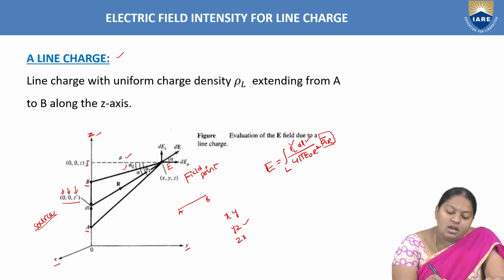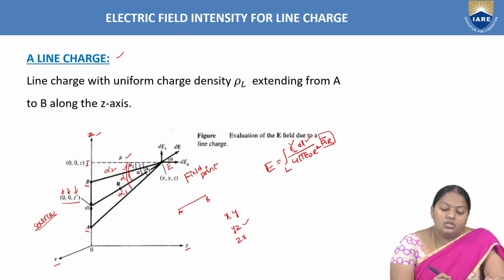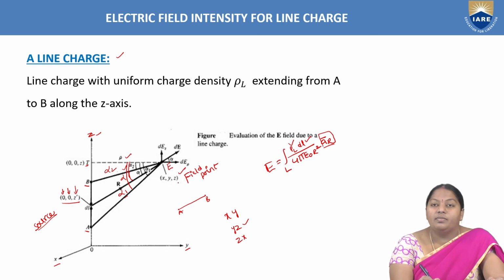So clearly observe: the angle from T to B is alpha 2, from T to this source point is alpha, and from T to this finite end A, the angle is alpha 1. What actually alpha 1 and alpha 2 are, we'll see in the analysis part. And the field point we are going to measure is located at x, y, z.